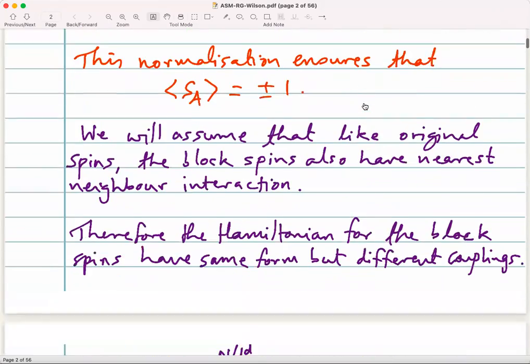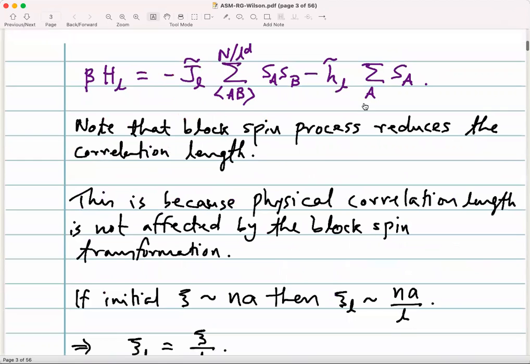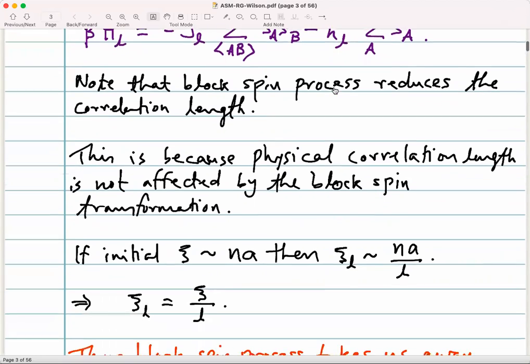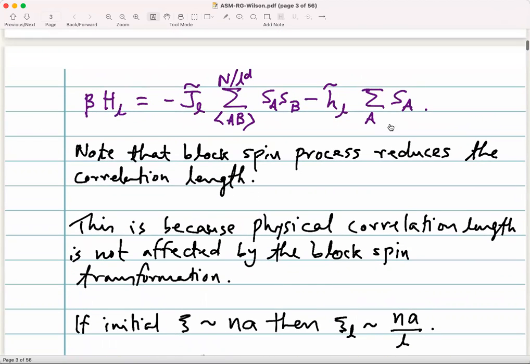So why is it important that the structure remains the same? Where are we using it as information to derive the scaling relations? For example, how HL is related to H depends on the assumption that this Hamiltonian has not changed its form.